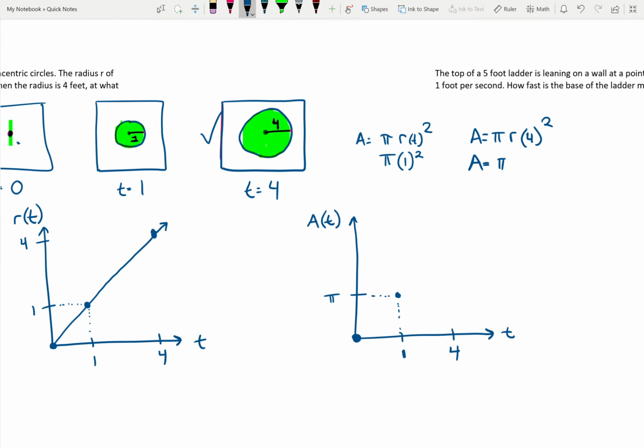Well, r of 4 is when t equals 4. What is our r of t equal? It's also 4, so we have 4 squared. So we have the area equals 16 pi. So maybe 16 pi is up here. It should be higher, a lot higher. So this curve will look something like this.